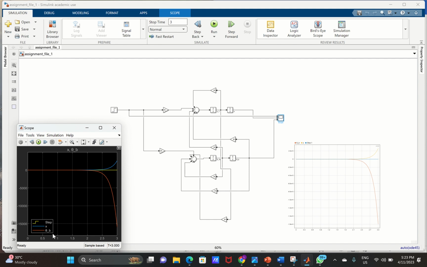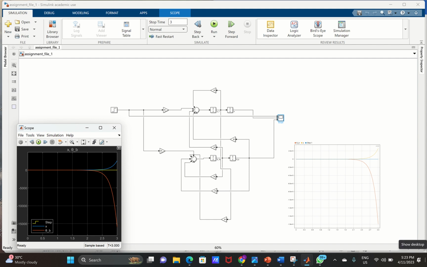The one in blue is X, the one in red is theta B. As we can see, the values of X grow exponentially big, and so do the values of theta B. They all grow exponentially big, but in opposite directions. This shows us that as the system gets close to the stop time we've set, the system is still unstable, and hence there is a need for a mechanism of making the system more stable.